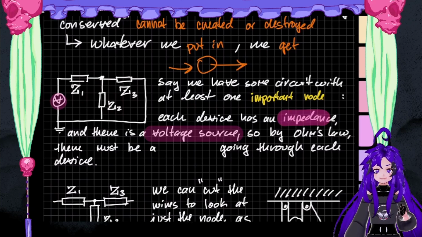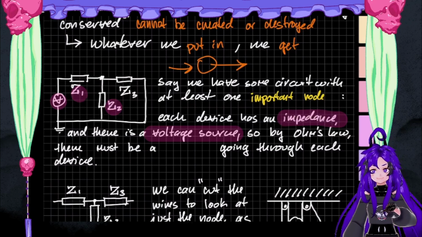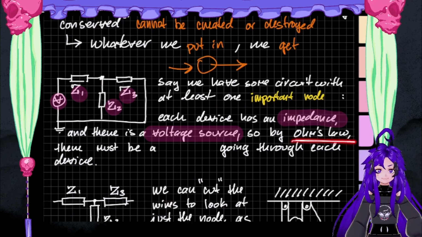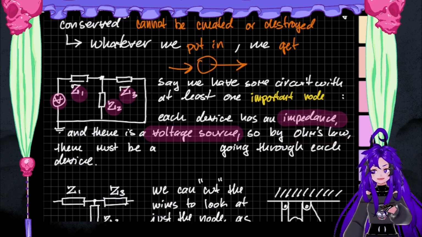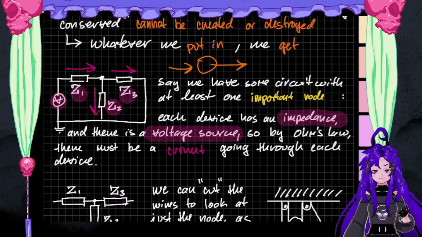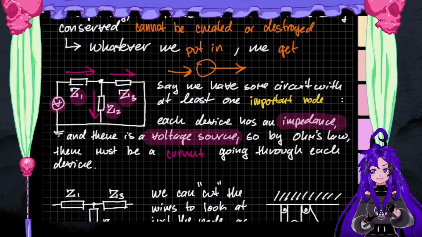Then by Ohm's law, there must be a current going through each device. This is where we are going to be applying conservation.